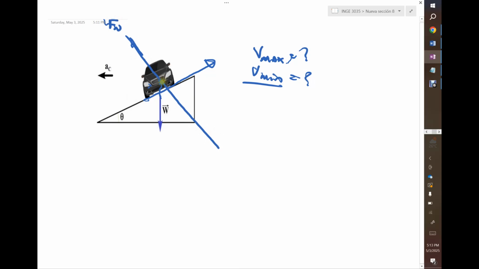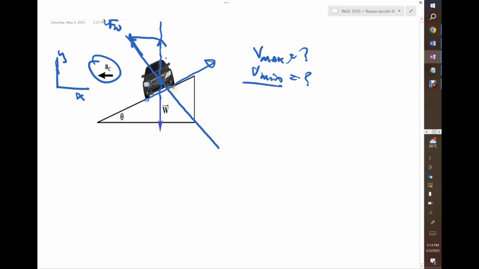We need to break Fn into the Y direction and the X direction. Remember that has to be done because that's right within the X direction as shown on this coordinate.